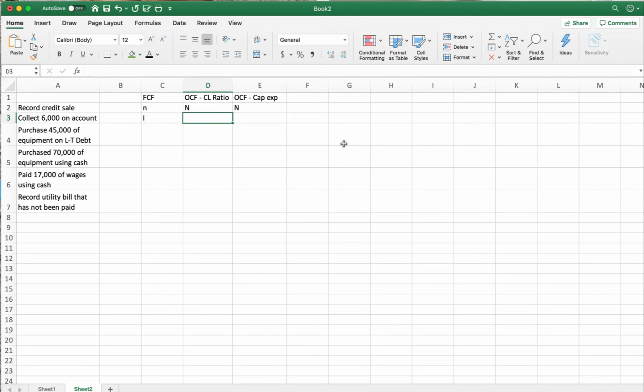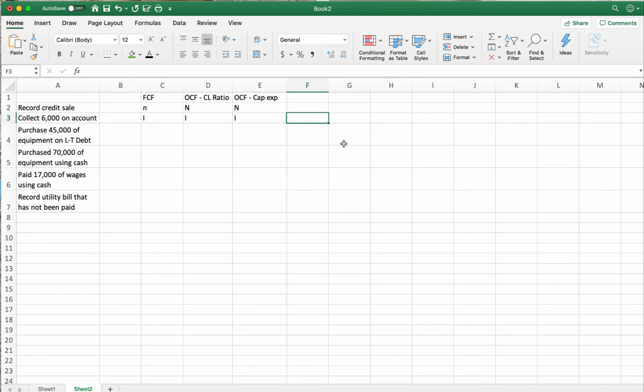Since it's going to increase free cash flow, it's also going to increase the other two. Here's why. How do we calculate the operating cash flow to CL ratio? Well, because our accounts receivable goes down, that means we add that, which increases our operating cash flow, right? We have a higher operating cash flow divided by the CL.